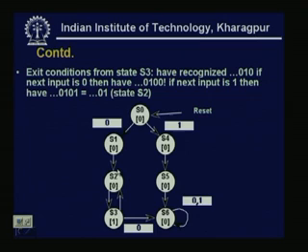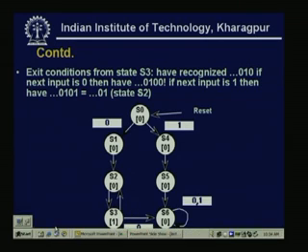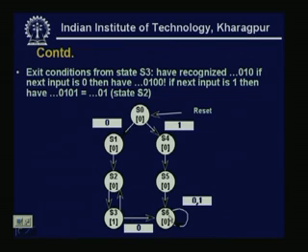Now, if a 0 has come, then it should be a 0 output, because if my input string is 0 1 0, and now 1 0 has come, then here it is a 1 output, but here it should be a 0 output. So then it goes to the S6 state, because in the S6 state we are seeing that this is a 0 output. So it goes to 0 output.